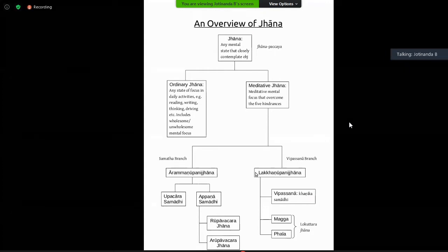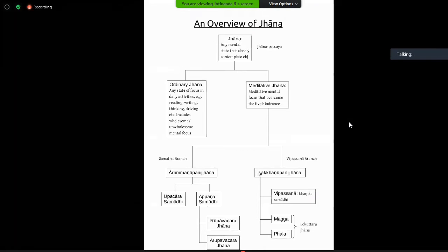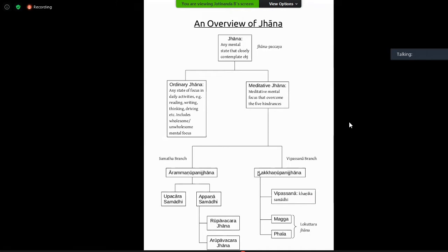Upanijjhana means close contemplation. This is the general meaning of jhana. The samatha kind of meditative jhana is called arammanupanijjhana.